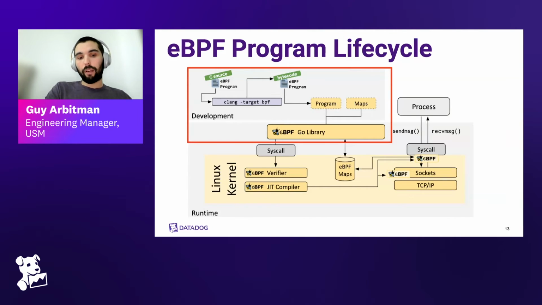After the verifier, we have the JIT compiler, a just-in-time compiler that makes the final optimizations and translates the BPF bytecode into instructions and applies our hooks. For my part, the focus will be on the highlighted rectangle, and every solution we will show will be scoped to that highlighted area.